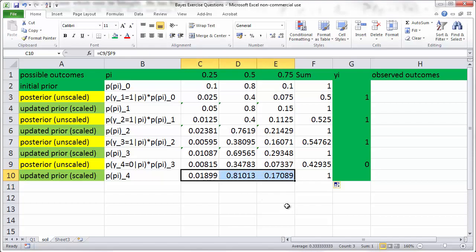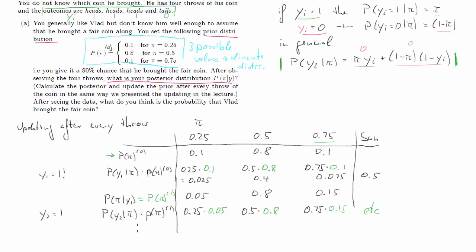So what we get here at the very end, this is now our posterior distribution after seeing all the 4 throws, 3 heads and 1 tails. So you could of course do these calculations by hand as well, continue doing these by hand, and you should get exactly the same result as in the Excel table.